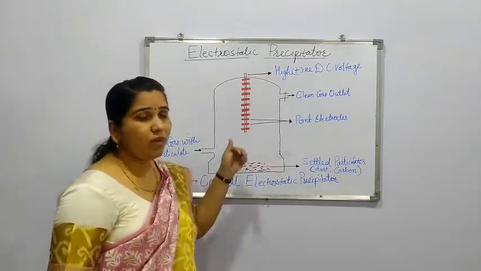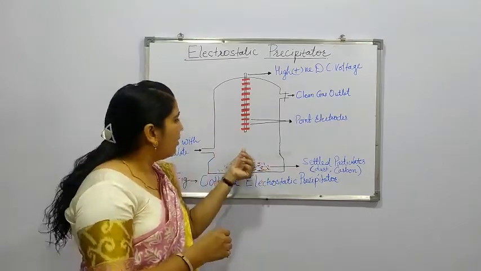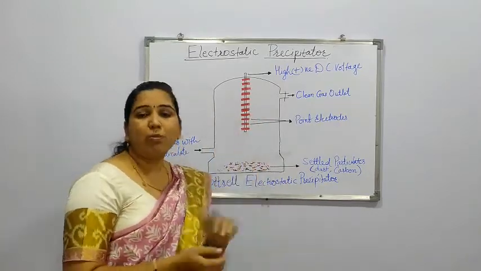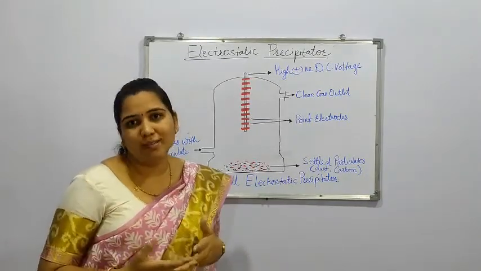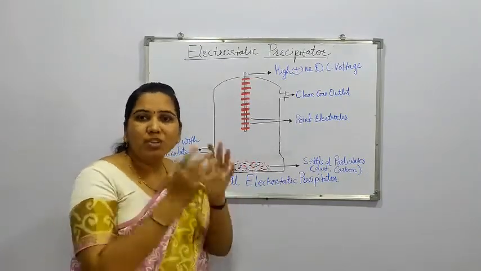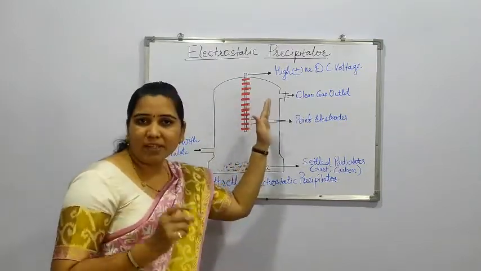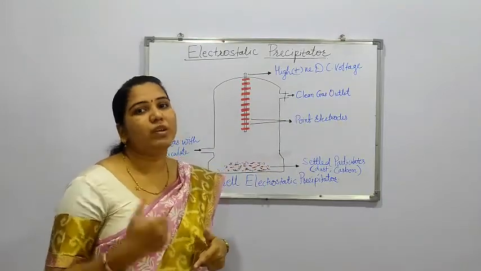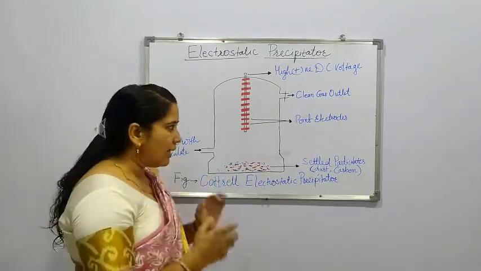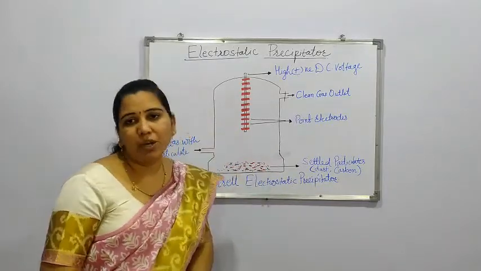Whenever the smoke particulates come in contact with the point electrodes, neutralization occurs. That means the negatively charged carbon ions come in contact with the point electrode and form neutral carbon atoms, and those neutral atoms get precipitated and fall down to the bottom.